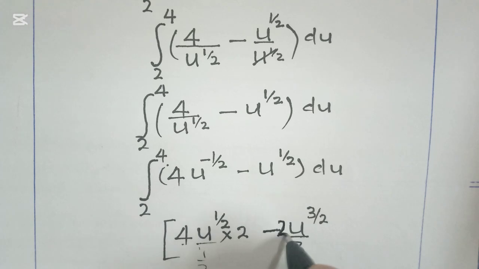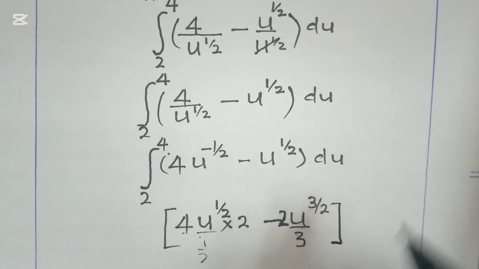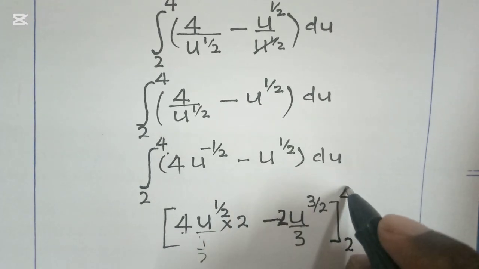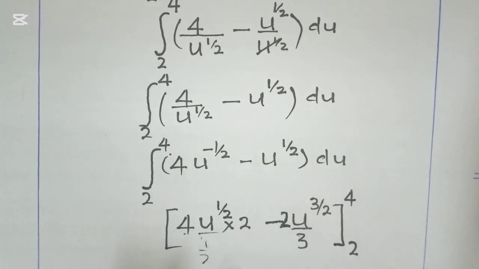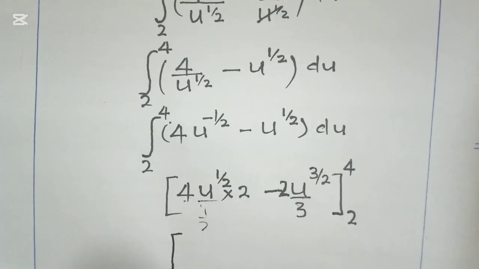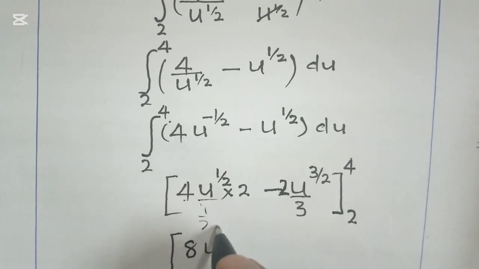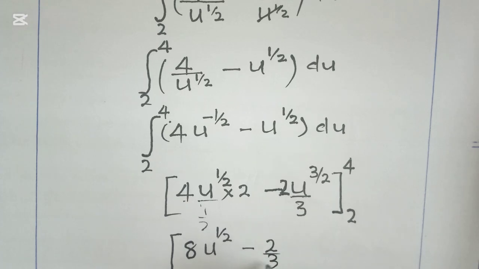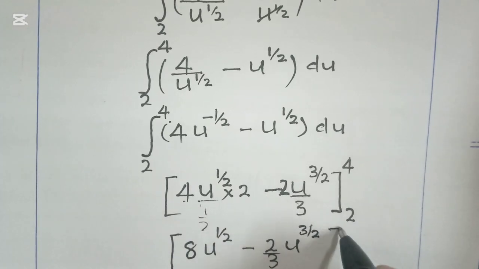We have done this with the lower limit 2 and the upper limit 4. Before we replace, it is wise to multiply: 8u raised to a half, minus 2 thirds u raised to 3 over 2.